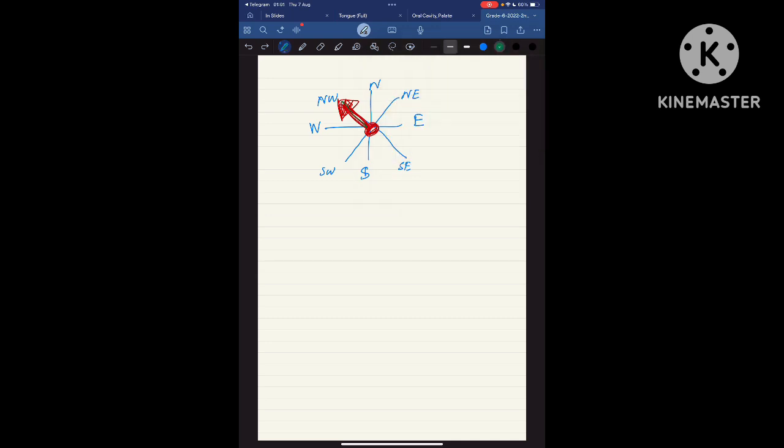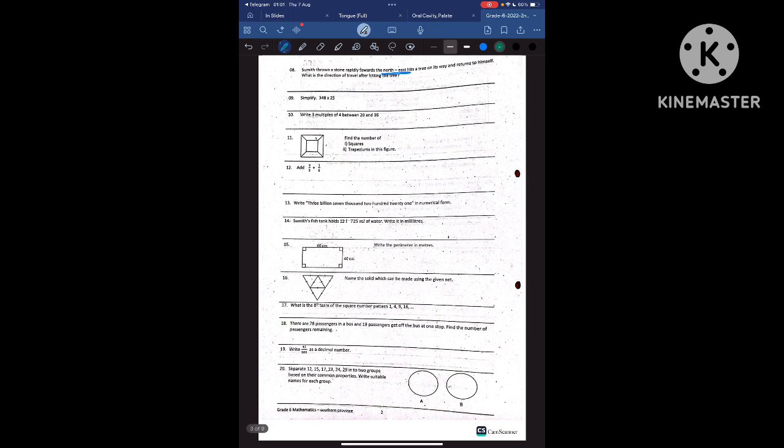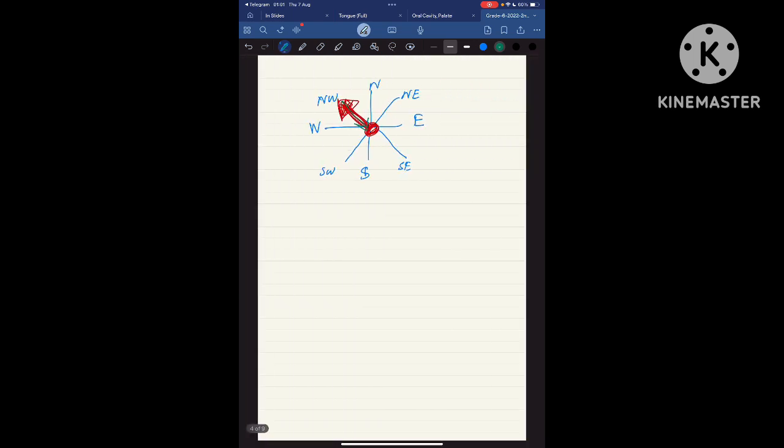It returns on the same direction like that. What is the direction of the travel after the tree? Like it goes like this, it comes like that. If it comes like this, what is the direction?